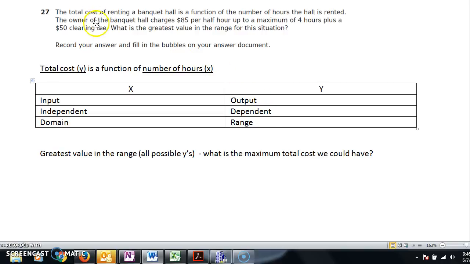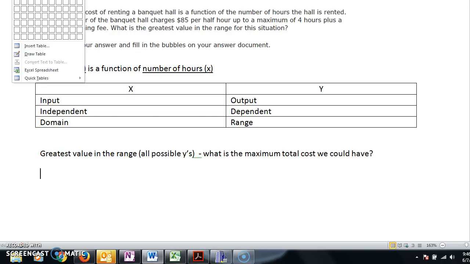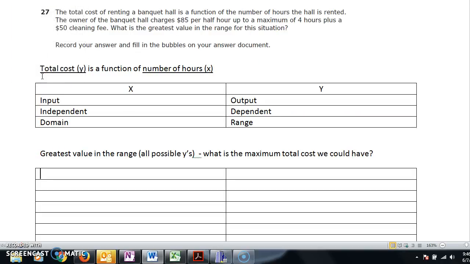So let's find out. The owner of the banquet hall charges $85 per half hour up to a maximum of 4 hours plus the $50 cleaning fee. Let's just make a table and work out what we get here.